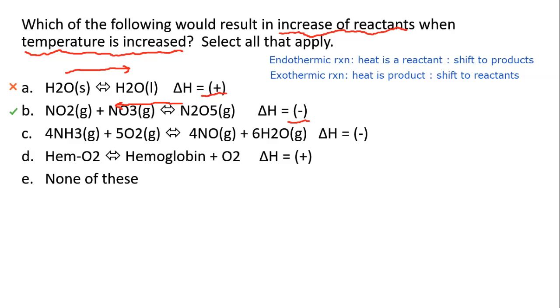In C, we also have a negative delta H. So that's going to shift to the reactants when we increase the temperature. So that is also one of the correct choices. Now the last one, we have hemoglobin, and it's endothermic. So if we increase the temperature, it's going to make more products. So the correct answers here are B and C.